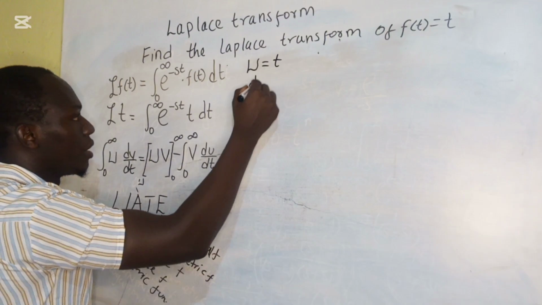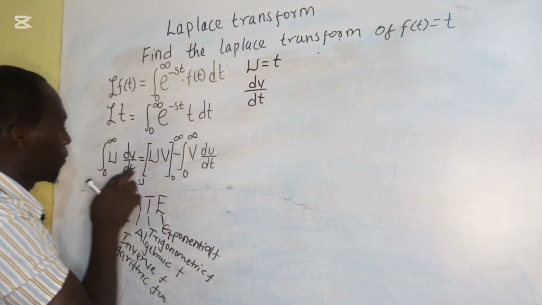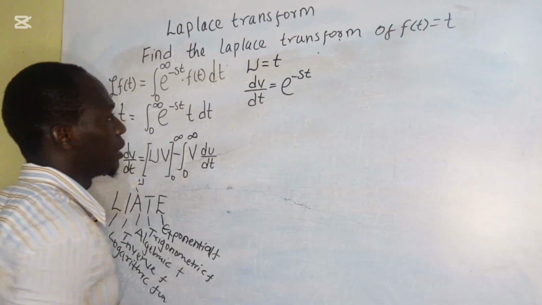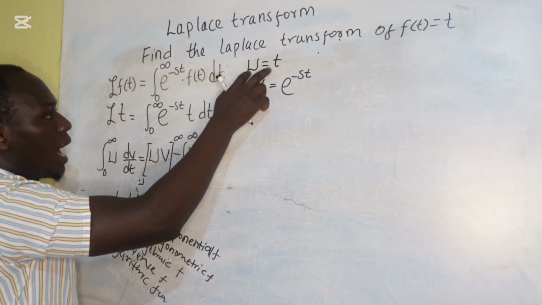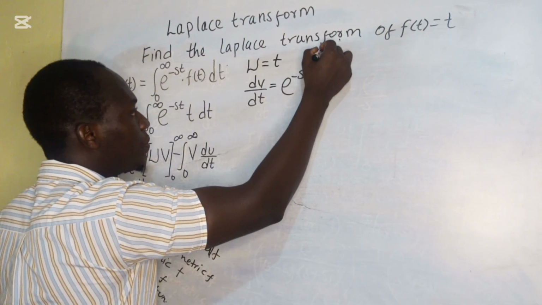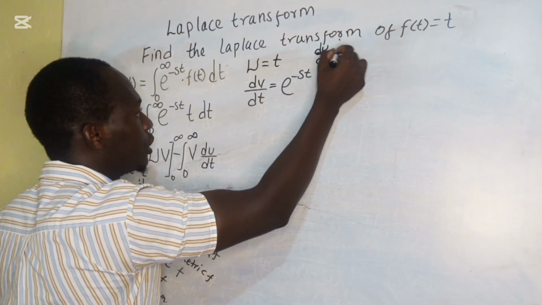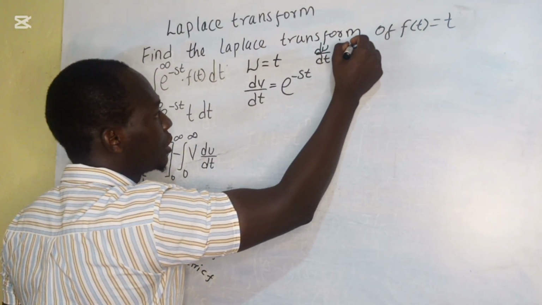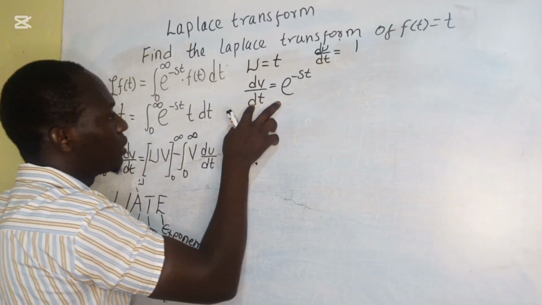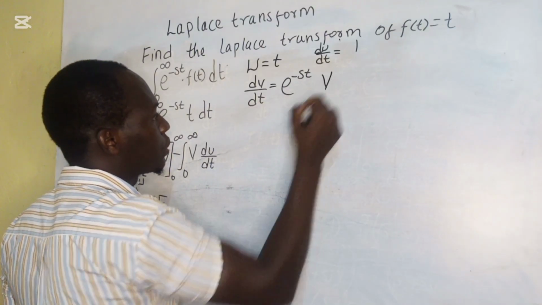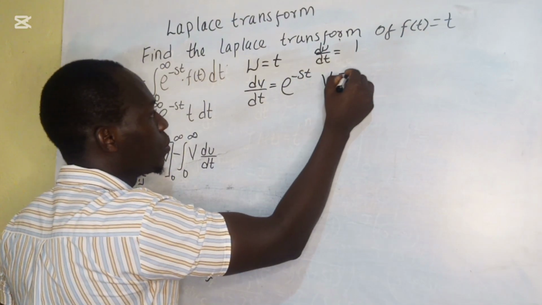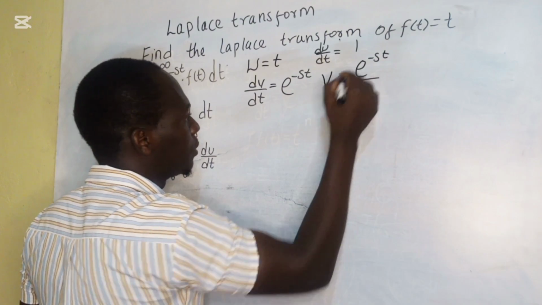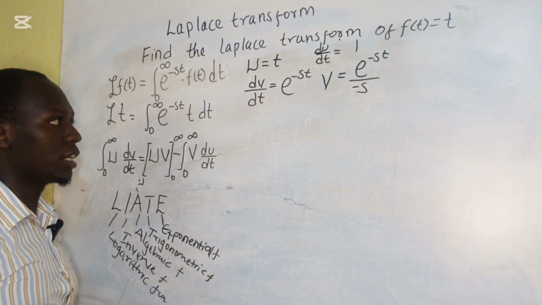Our dv with respect to dt is going to be exponential negative st. Our term u, we always differentiate it: du with respect to dt, when we differentiate that, we have 1. And on dv, we do our integration so that we can have our v, which is equals to exponential negative st all over negative s.